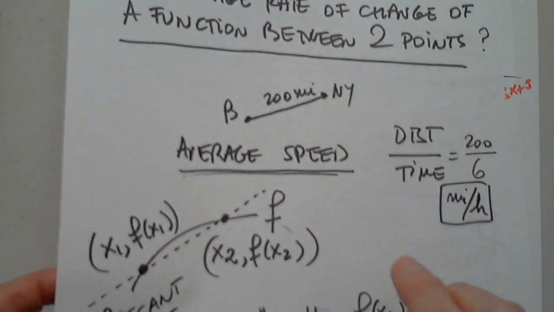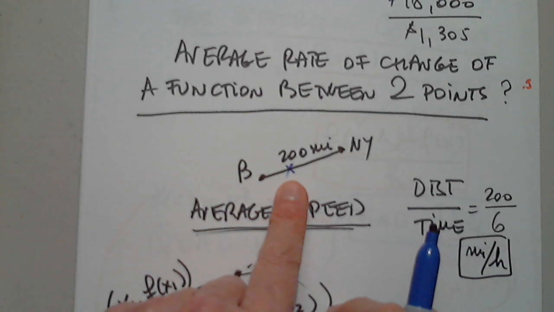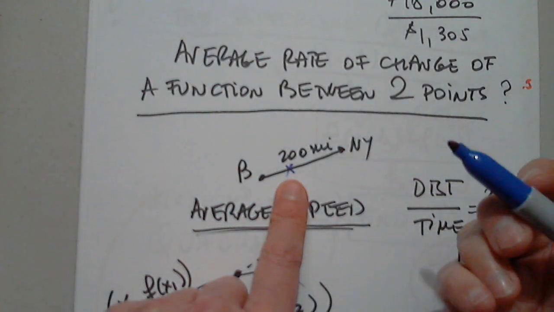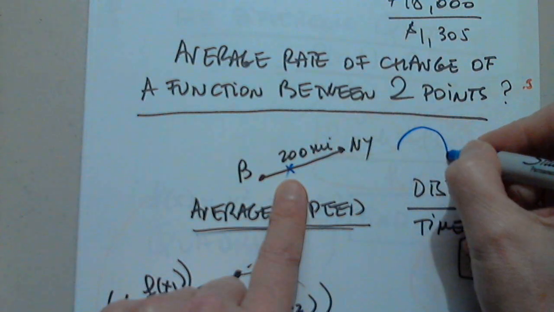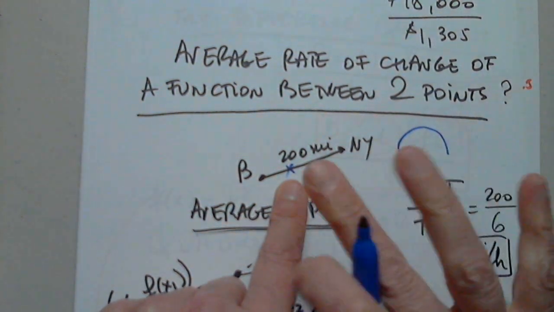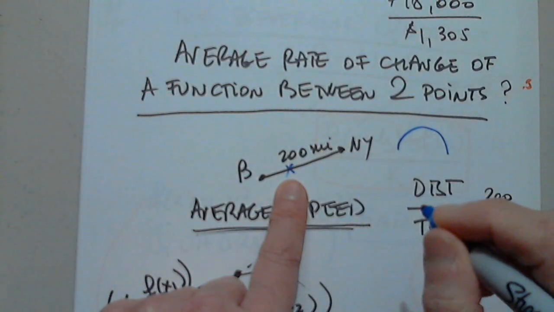But if I'm here, let's say Wilmington, Delaware, and you call me and you ask me, what are you doing? And I said, I'm driving to New York. And you say, look at your odometer and tell me what is your instantaneous speed. I'm going to write this down for you. What is your instantaneous speed at that particular moment?